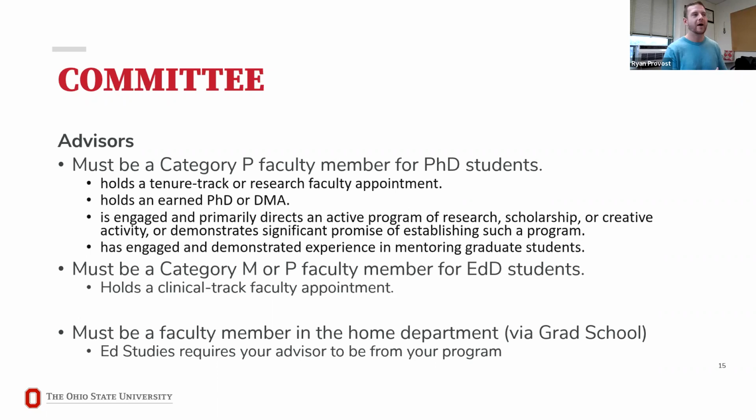So you should know that beforehand. That's just the last step to make sure it's correct as you're going in and putting that in grad forms. And you can see here some of the things that make someone a Category P faculty member. We don't need to go over all that, but we like to include that in here so that you understand what that looks like.